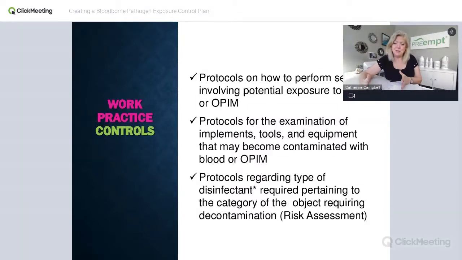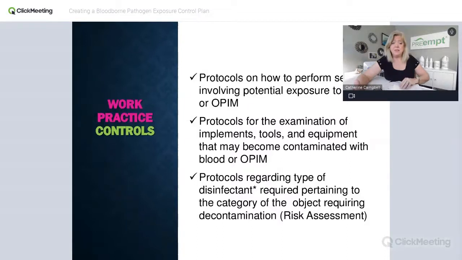Does it have to be disposed of if it's single use? Yes. But some people take shortcuts and they say, well, I didn't use this, so I'm just going to put it back. But the potential for exposure was there, and now it's been contaminating everything else that you've already decontaminated.